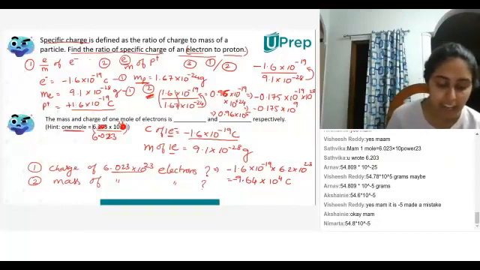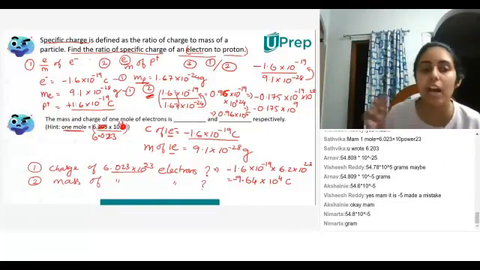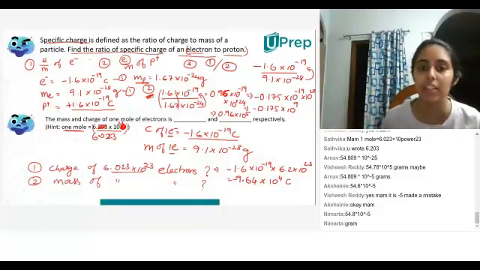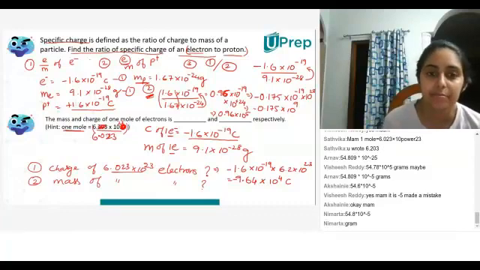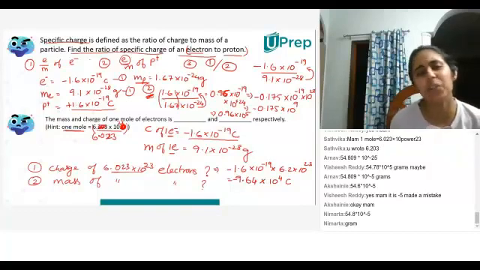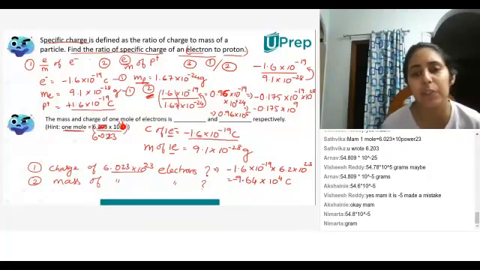If I take 6.02, I'll get 54.7. If I take just 6, I'll get 54.6. So it depends on how many numbers after the decimal you have taken into account. Is it necessary to take all the numbers? No, you don't need to. Even if you take 6.02 or even 6.0, it is fine.